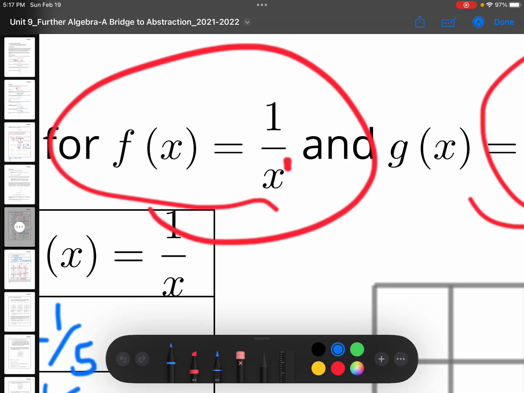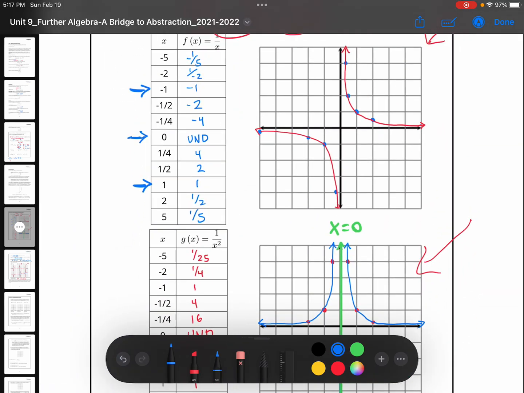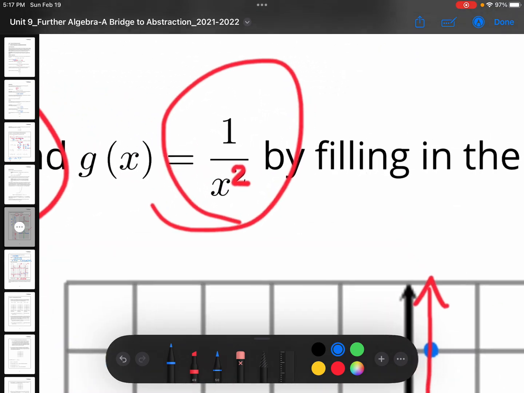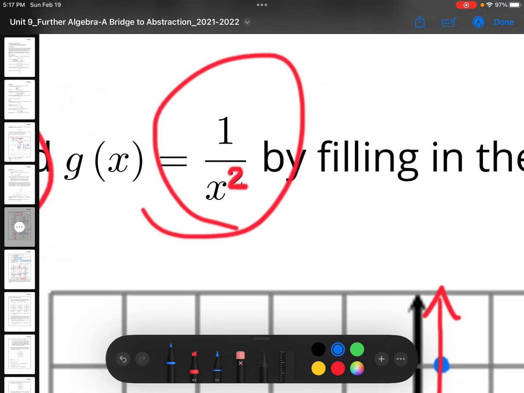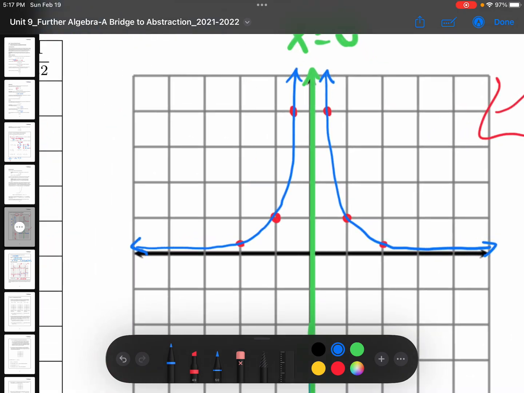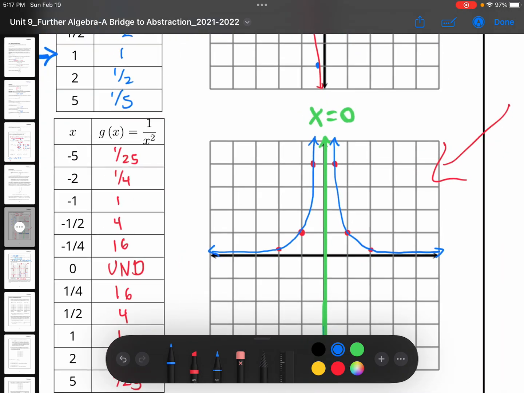By that I mean if this is a power of 1, or power of 3, or power of 5, or anything like that, in general, not exactly, it's going to have this general shape, okay? Now, if the denominator of that rational has an even degree, like an x squared, x to the fourth, x to the sixth, or anything like that, it's going to look in general like this. Now, remember that this green line in the middle is not really there, okay? So it's either or, all right?